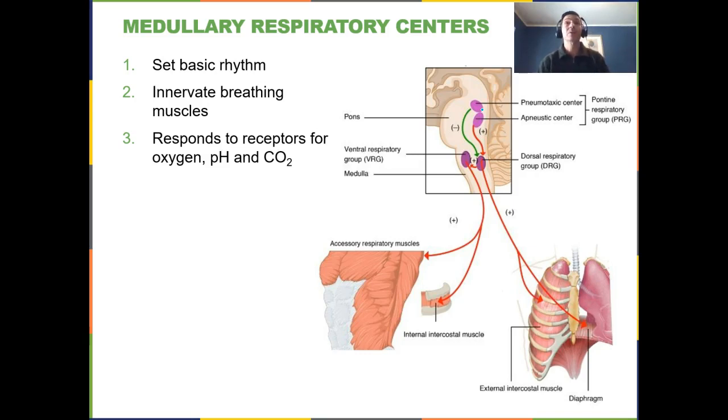So your normal tidal volume, respiratory rate, all of that is set by your medulla. And also you can see here, it is what innervates your respiratory muscles. So your phrenic nerve, which goes to your diaphragm, and other nerves which control respiratory muscles originate from your medulla. It also contains receptors that are going to respond to oxygen levels, pH, and CO2.